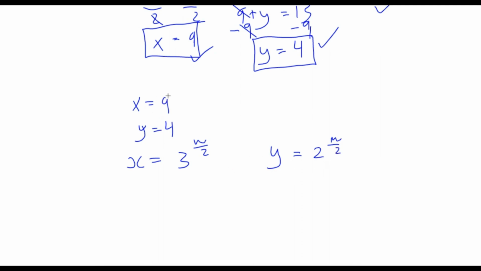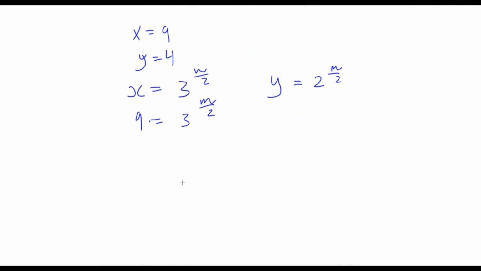So now we can simply plug in 9 and 4 for x and y. Let's first start with x equals 3 to the power of m over 2. If we plug in 9 for x, we get 9 is equal to 3 to the power of m over 2. Now 9 is the same thing as 3 squared, right? So now we get 3 squared is equal to 3 to the power of m over 2.